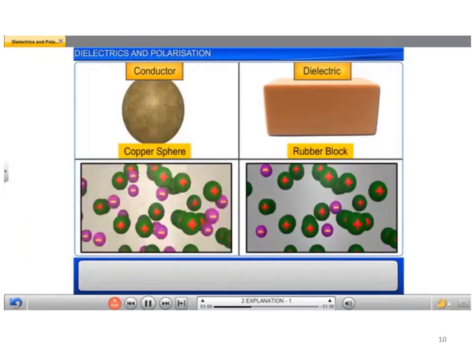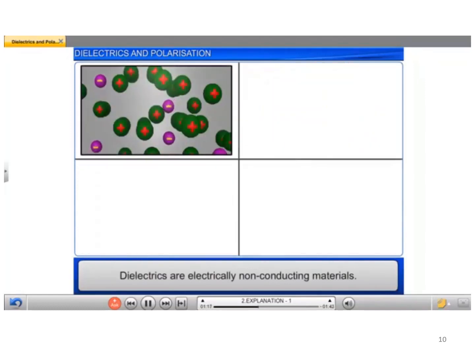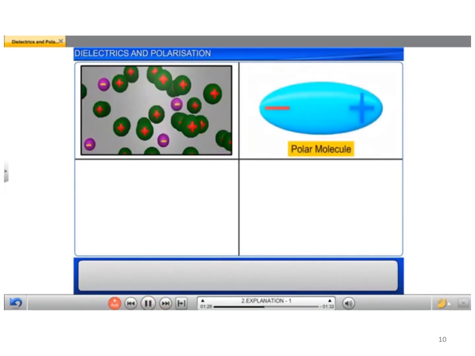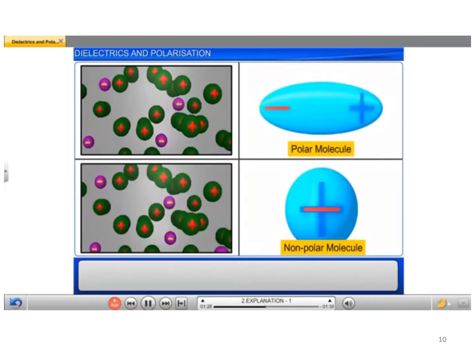Unlike conductors, dielectrics like rubber are those materials in which there are practically no free charge carriers or free charges. Dielectrics are electrically non-conducting materials. A dielectric material can be made of either polar molecules or non-polar molecules.